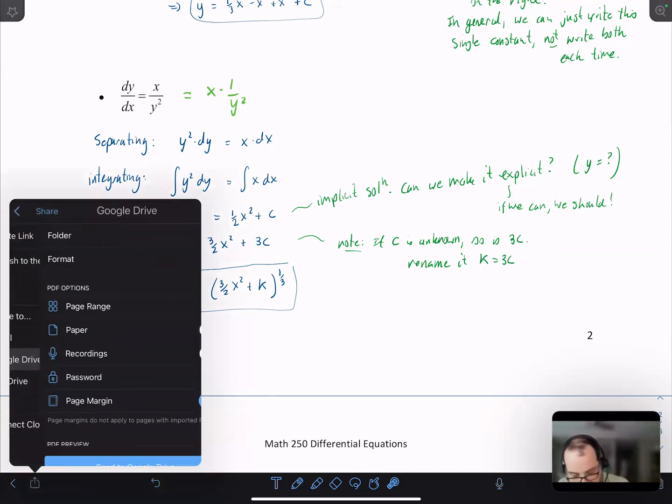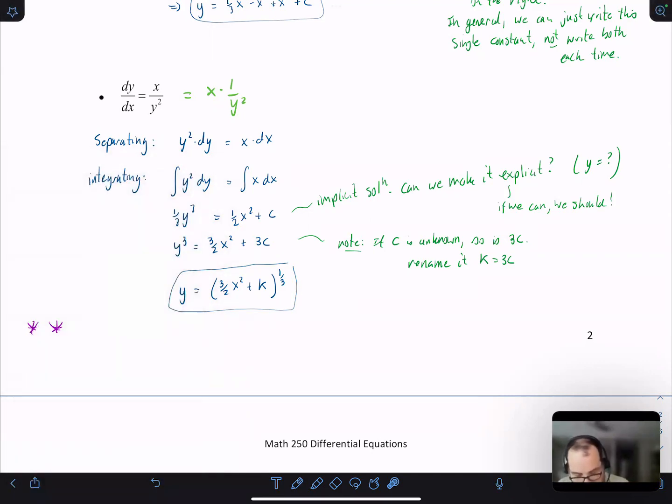You might call it C1 or give it a different name. It's sort of bad form to call it C again, because it's not the same constant. But if this was C1, this could be C2. But in the end, we don't really need an index there, so I just went ahead and called it K for my constant.